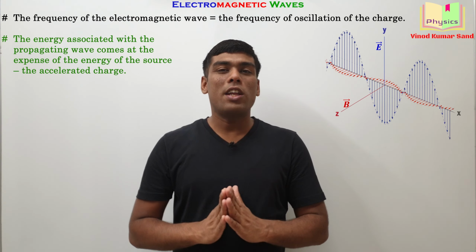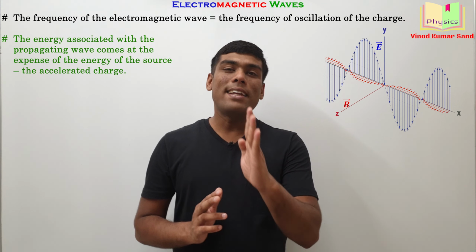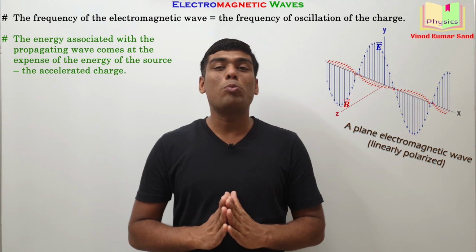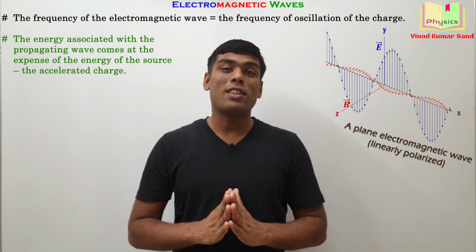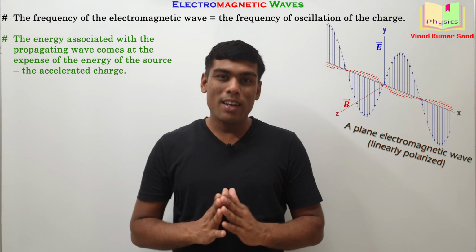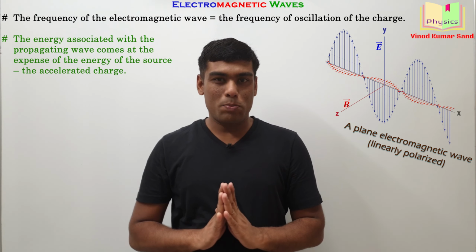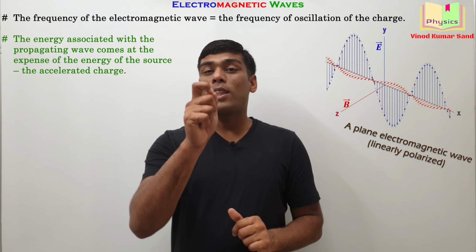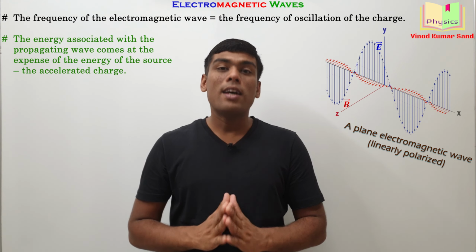Here on the screen, you can see a picturization of the linearly polarized electromagnetic wave. Actually, humans can never see the electromagnetic waves. To have the idea of the things, we are using this picture. Okay. And by the word linearly polarized, what do you mean?